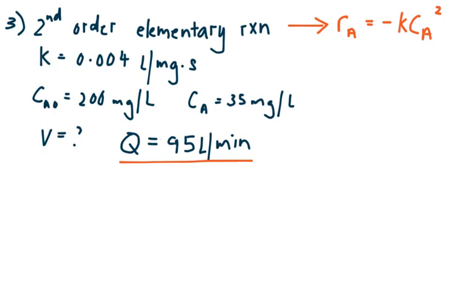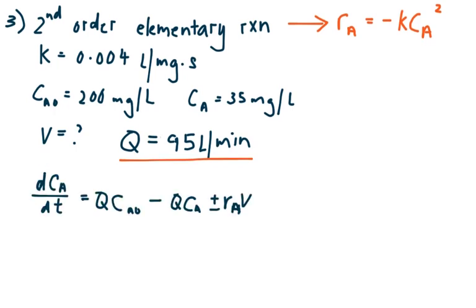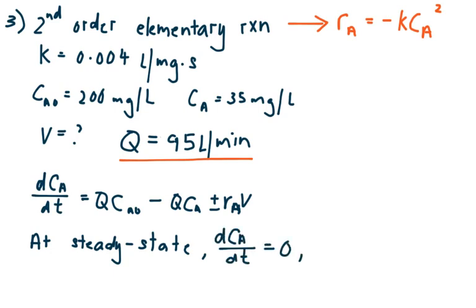So with that, you can now derive the basic mass balance equation for your CSTR. You have to assume that the system is at steady state, and when you assume that, you can put dCA/dt equals 0.